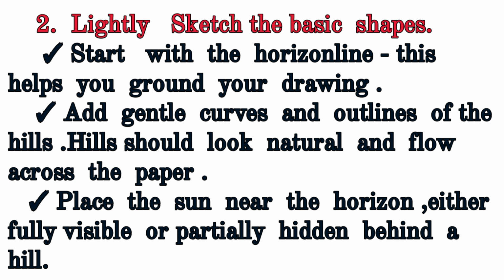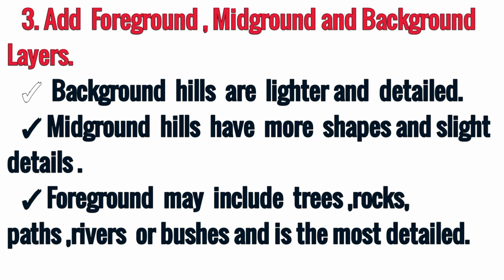Third step, we are being guided to add foreground, midground, and background layers. So take note of that. Now, under this step 3, we are being directed to do what? Background hills are lighter and detailed.